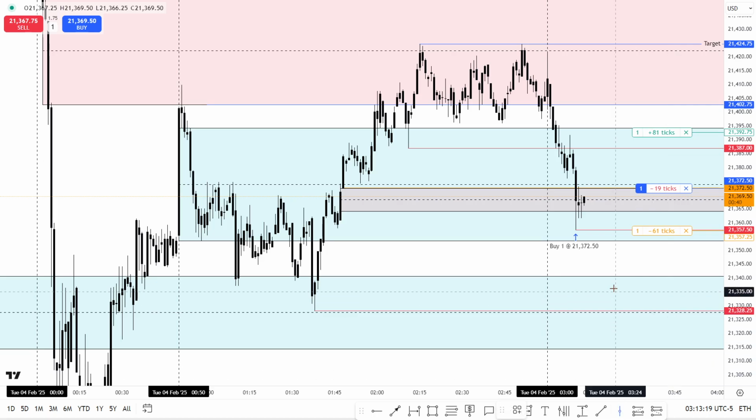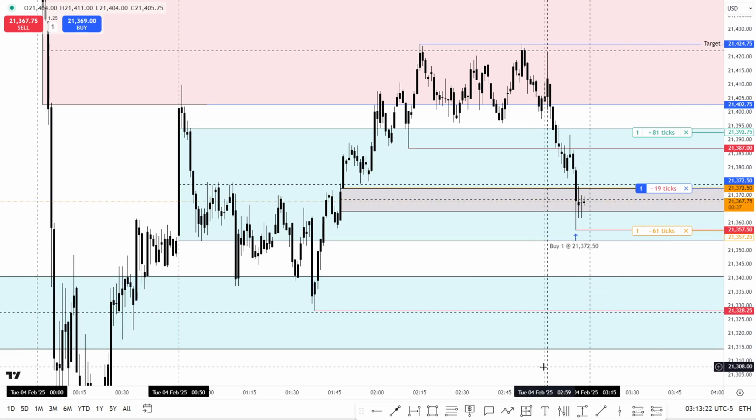What time are we waiting for? We're waiting for 03:15 to begin the spooling process.